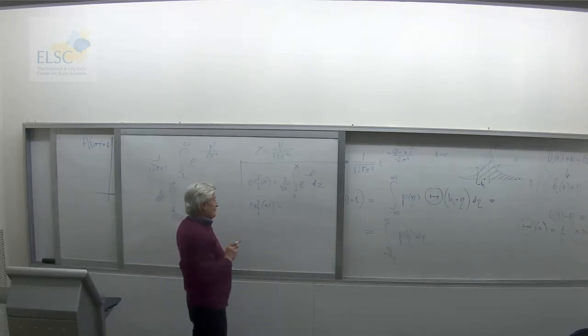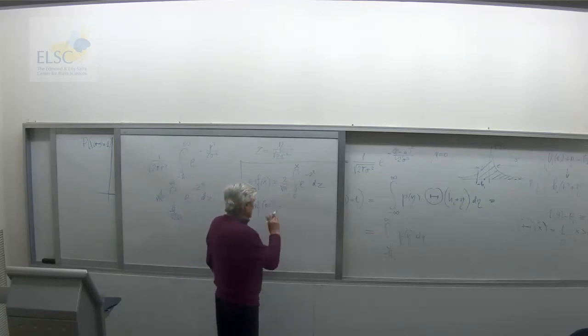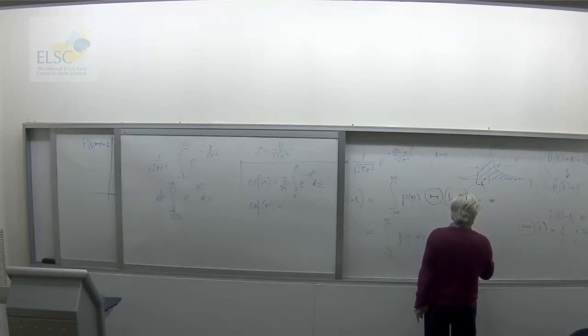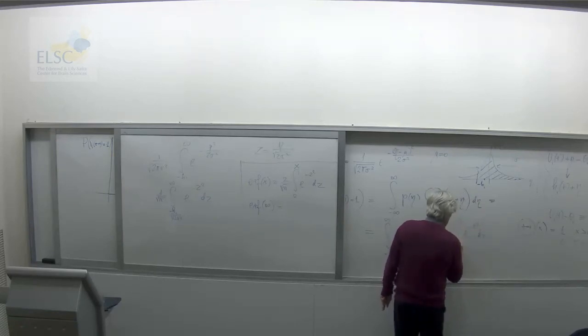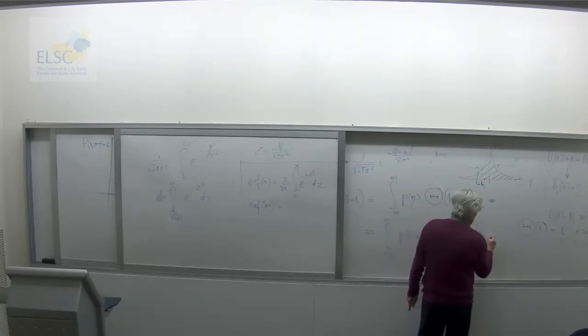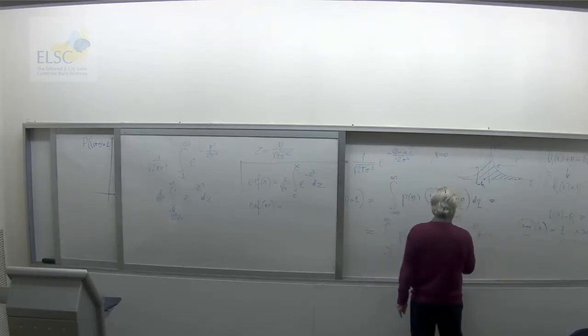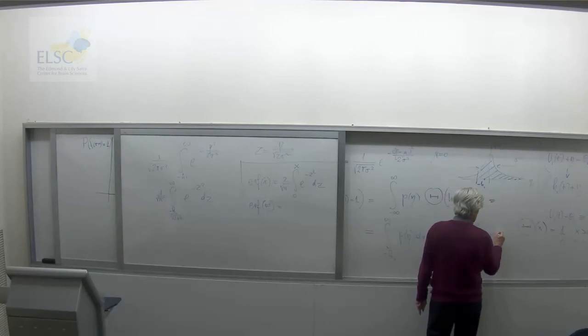Because the integral of e to the minus z squared dz from minus infinity to plus infinity is square root of pi. Very good. So 2 over square root of pi times square root of pi over 2 is 1.